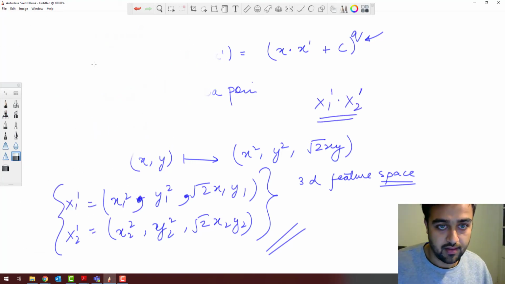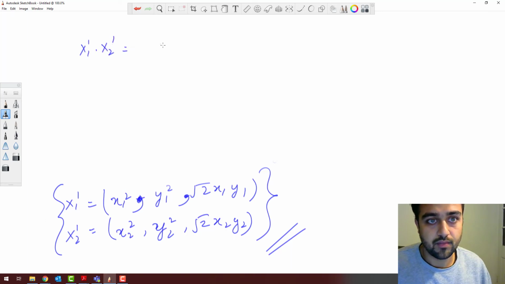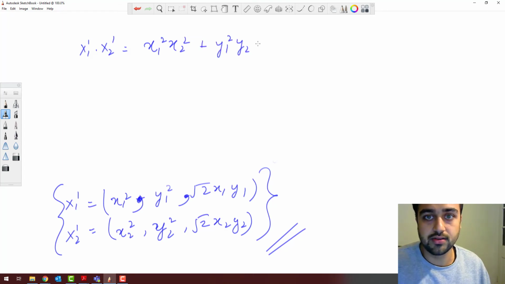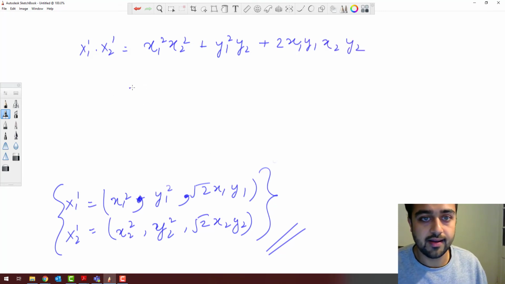What do we get? Taking the dot product of both the 2 points, we get x1 square x2 square plus y1 square y2 square plus 2 x1 y1 x2 y2, right?